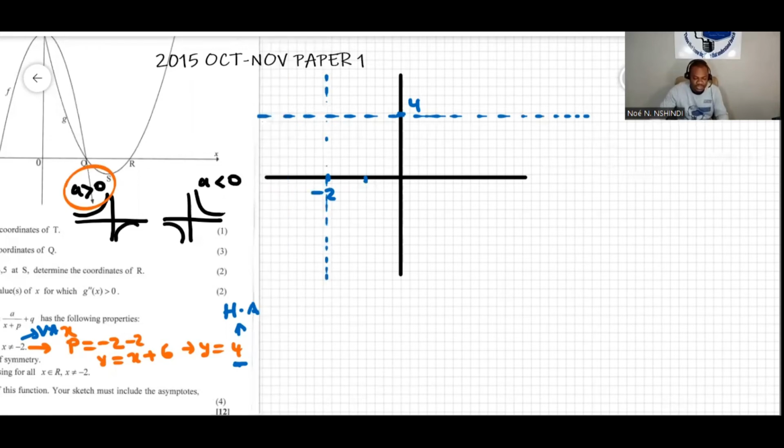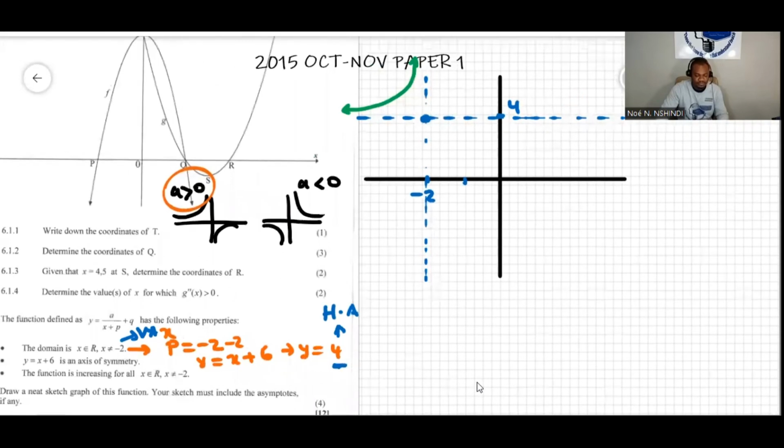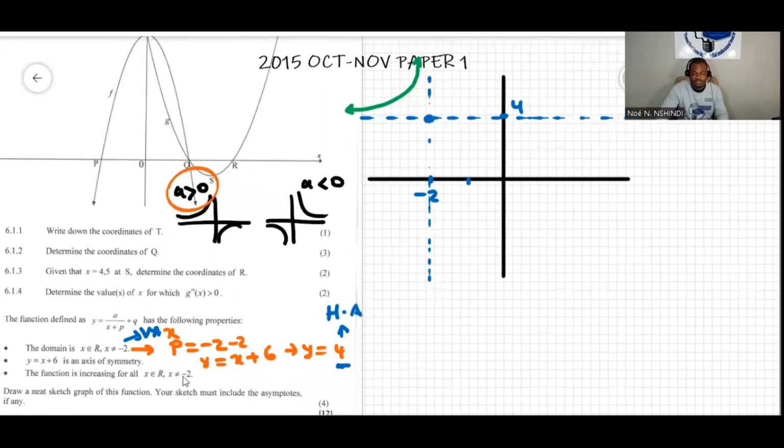So this point here is where the line of symmetry will pass, because the line of symmetry passes through the point where the vertical and the horizontal asymptotes meet. So I can draw then the graph. The graph must be increasing, except at the value x equal to -2, as the question says. You see, as the property indicates, except at this point.